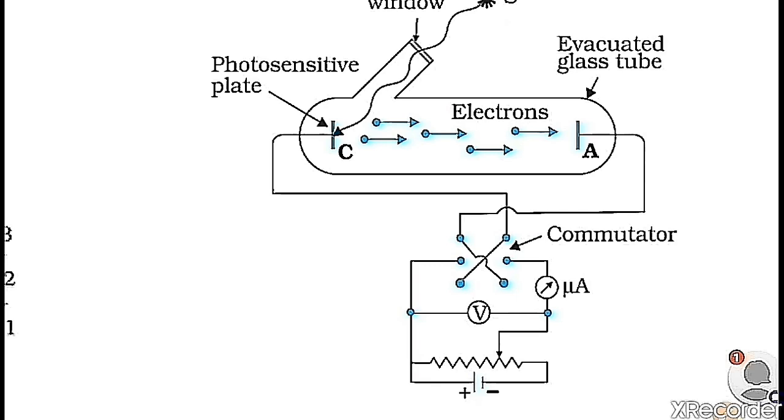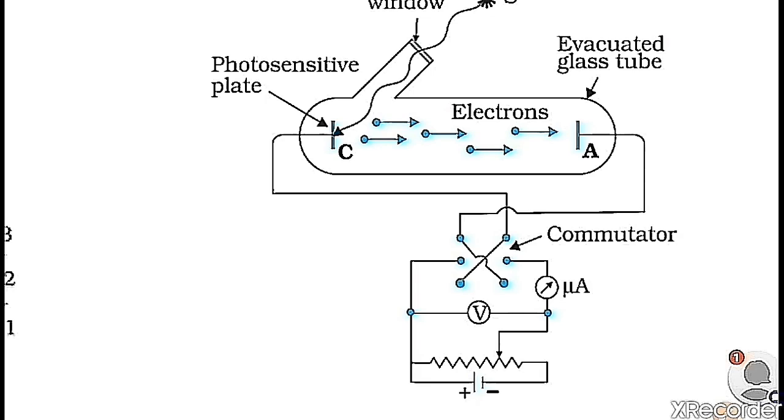Saturation current corresponds to the case when all the photoelectrons emitted by the emitter plate reach the collector plate. That means all the electrons emitted from this emitter plate are collected by this collector plate.